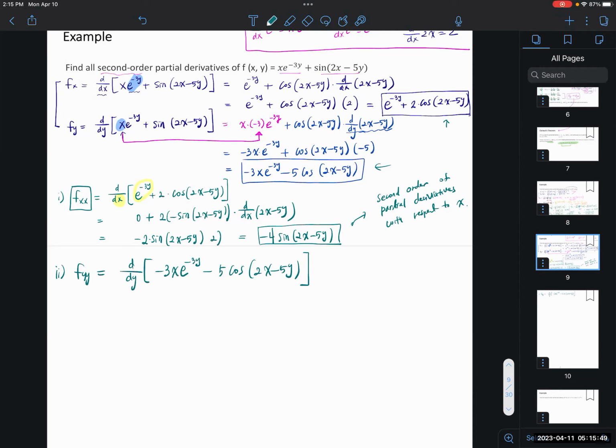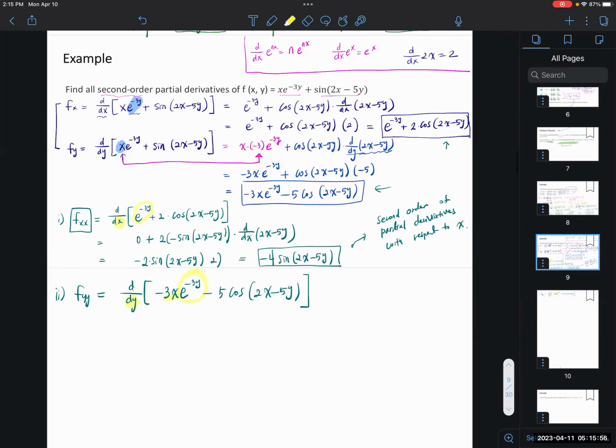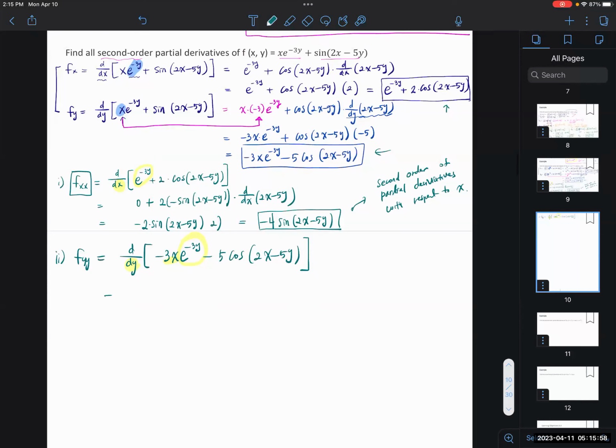I see a y there, and 3x is going to be constant. So this is going to be constant, and here we're going to apply this rule. So step by step, 3x there, and then negative 3, bring it up, e to the negative 3y, keep it there, right? That's how you take the n, e to the nx.